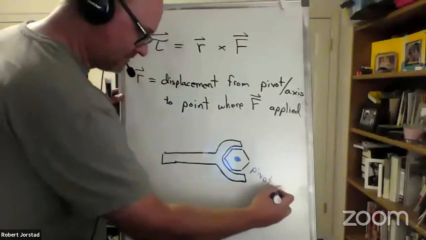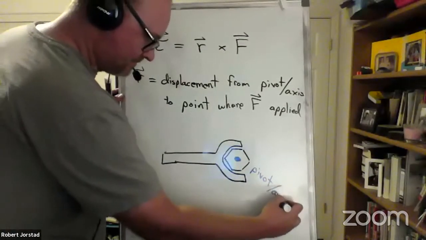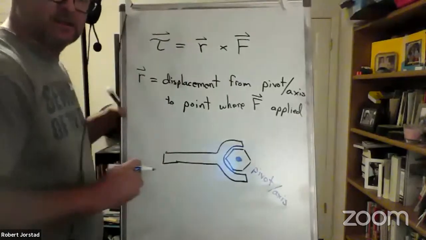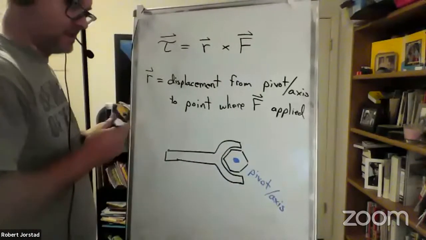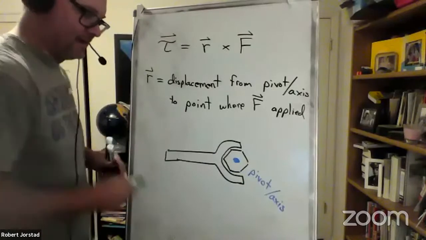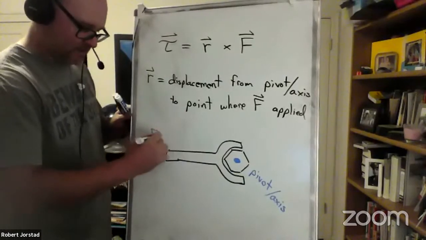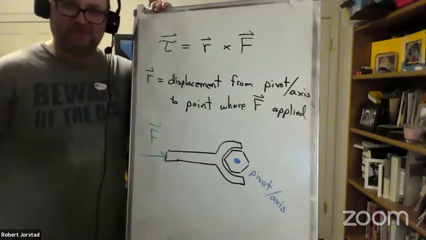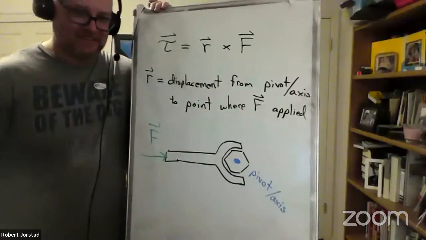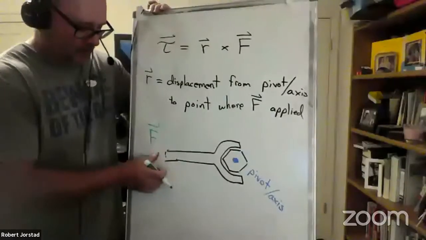That would be my pivot or my axis. And then I'm going to apply a force this way. Let's say that's the force I apply. What's my torque? 0. How much is 0? It's nothing. Yeah, so that's not a good way to push on it.